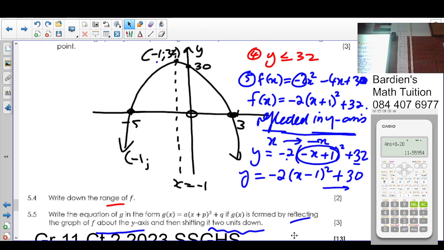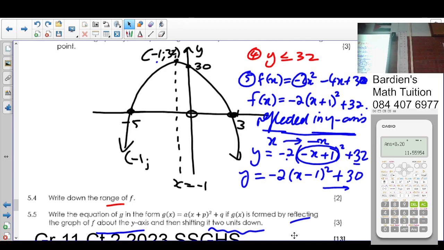Okay, I see the memo is wrong there again. Who got that answer but didn't get the mark for it? You should get full marks.